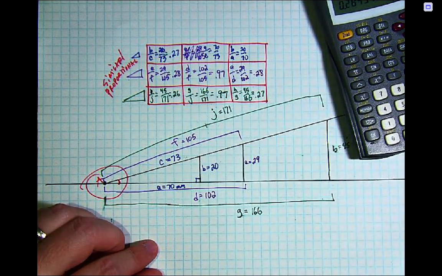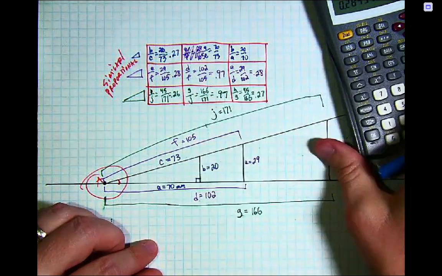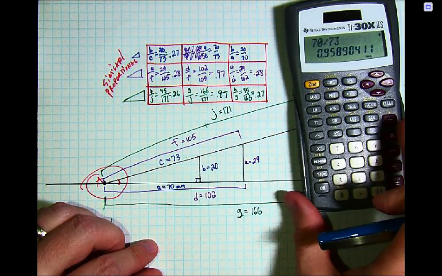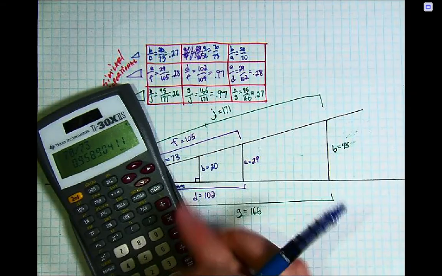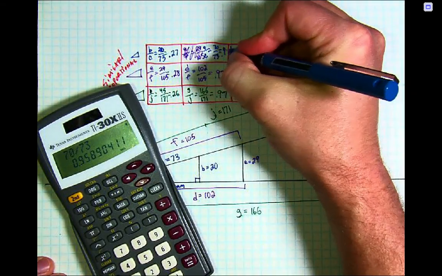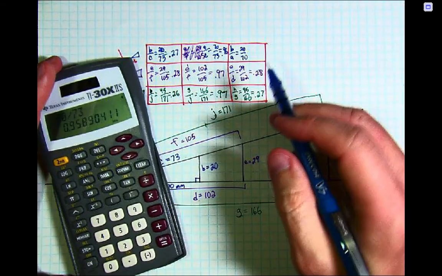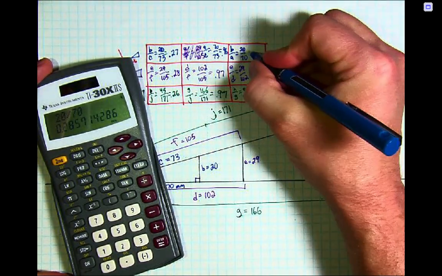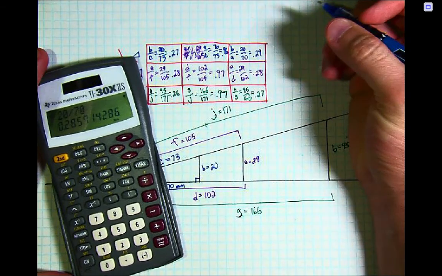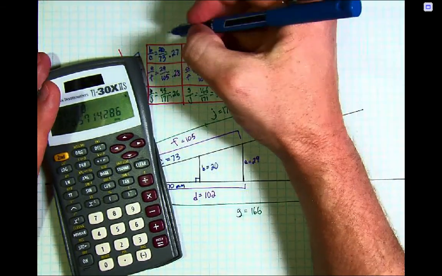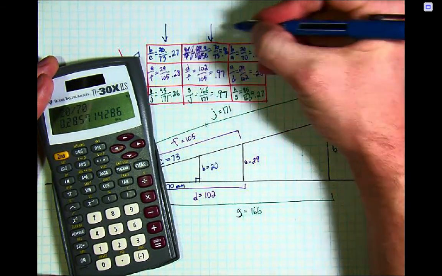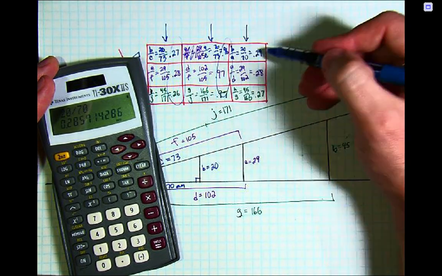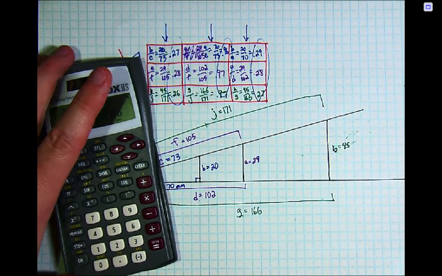And finally, my little triangle ratios, 70 over 73 is 0.96, and then 20 over 70 is about 0.29. So this column and this column, the values came out basically the same, more or less, with a little bit of human error in there.